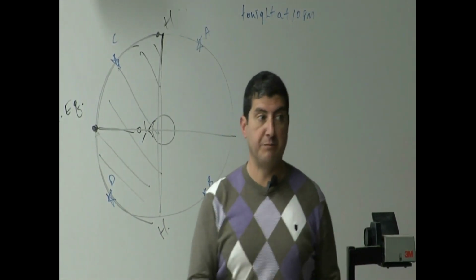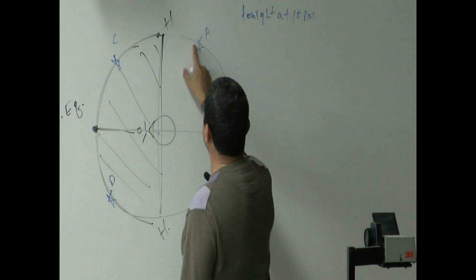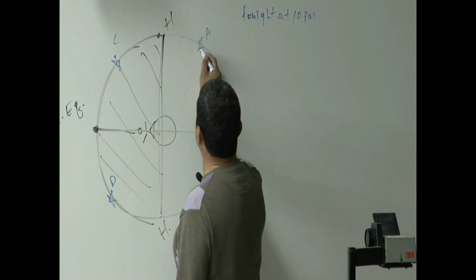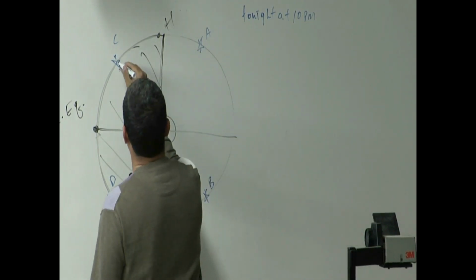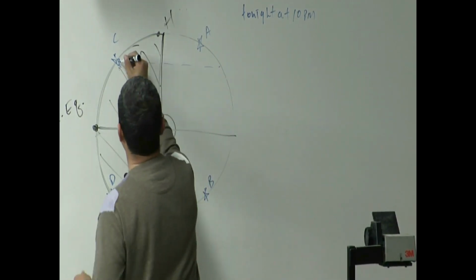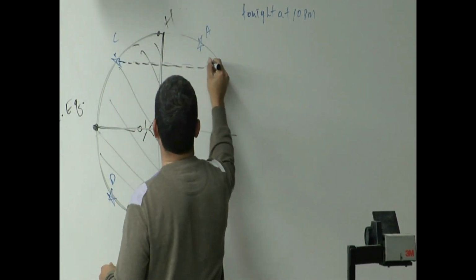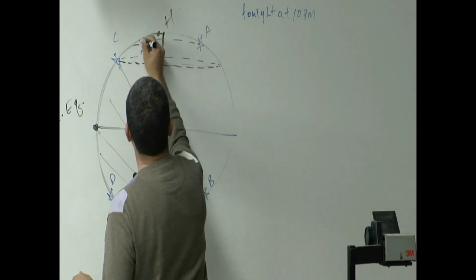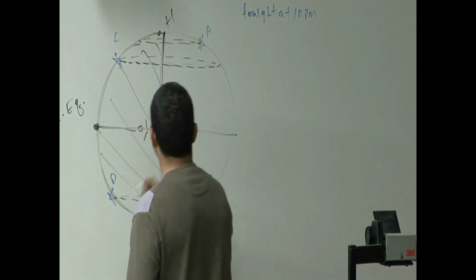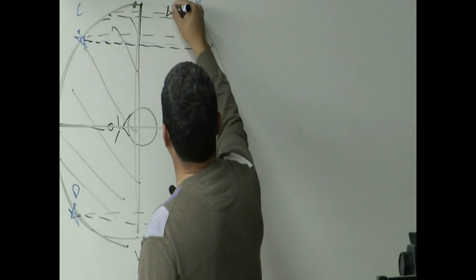Tonight at 10 p.m. And then tomorrow at 10 p.m. where it's going to be a little bit ahead. This one's going to be a little bit here. Okay? 1 month later at 10 p.m. so we can draw a circle like this. One month later, star A will be here.